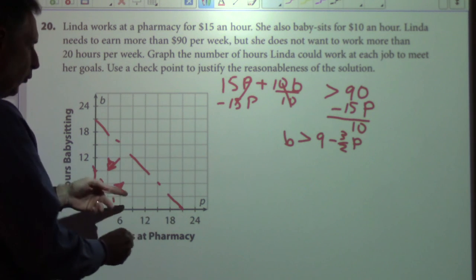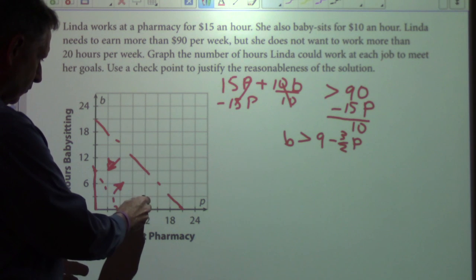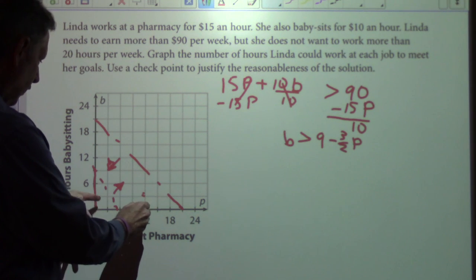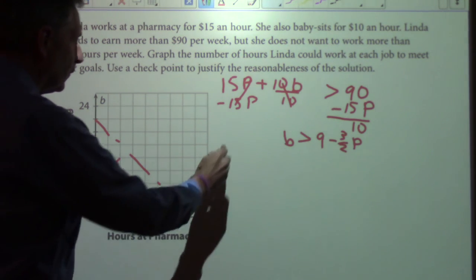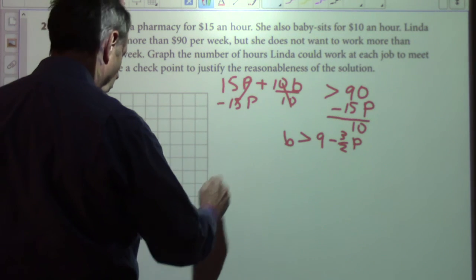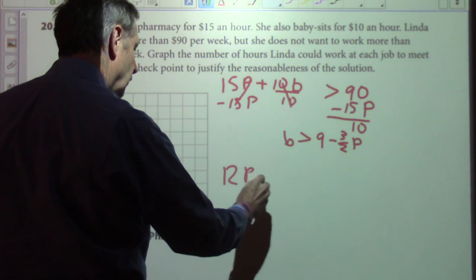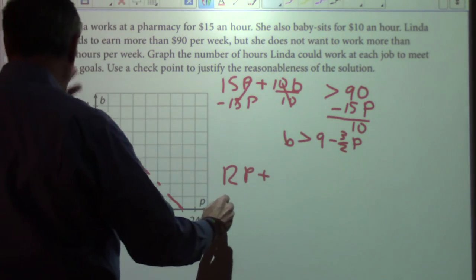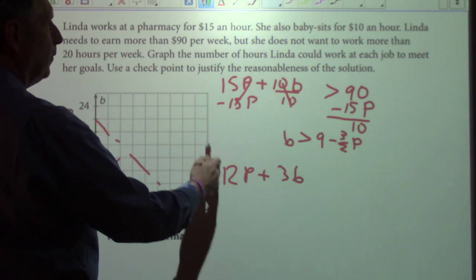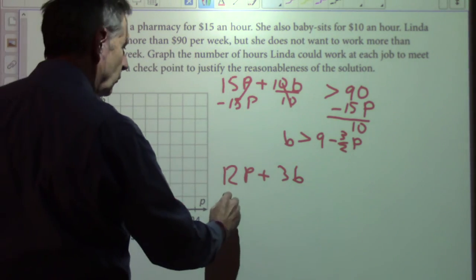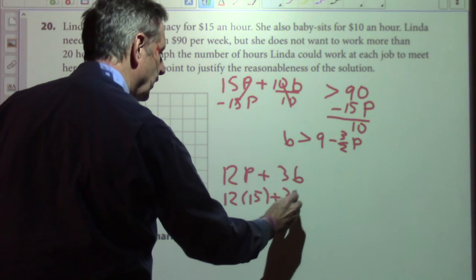So what's a good point for this? A good point would be 12, 3. Use P is 15, so 12 times 15 plus 3 times 10.